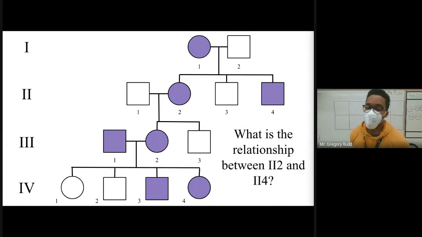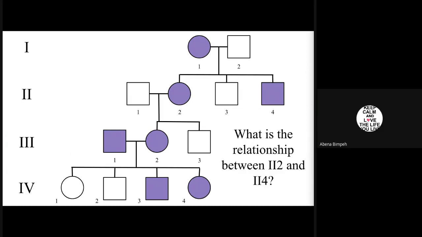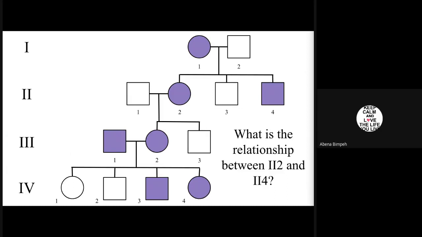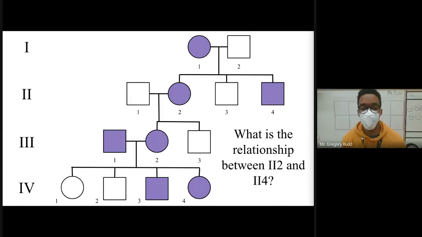Okay, let's try another one. What about individual II2 and II4? What is their relationship? They're not the same shape. II2 is a circle, II4 is a square. Do you see that?